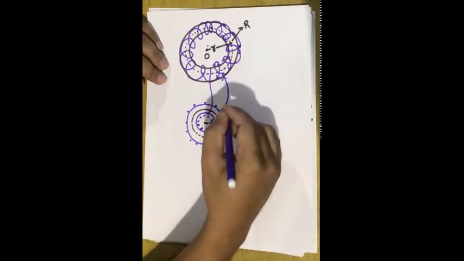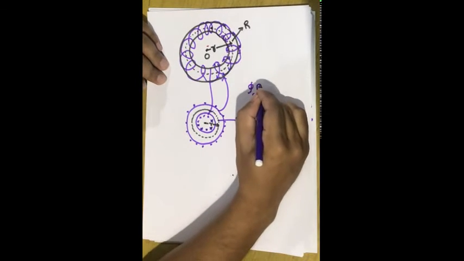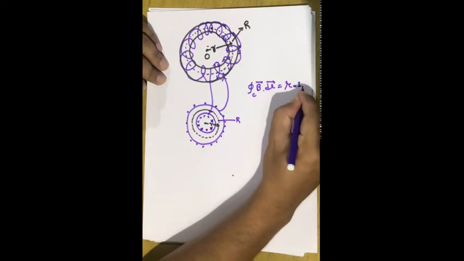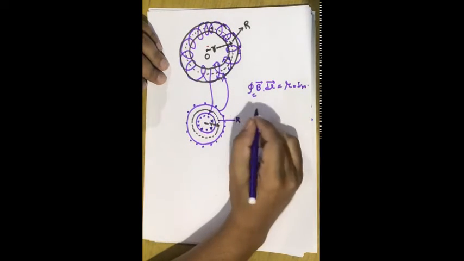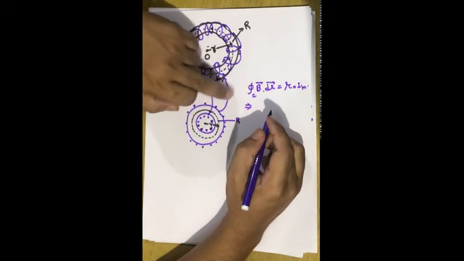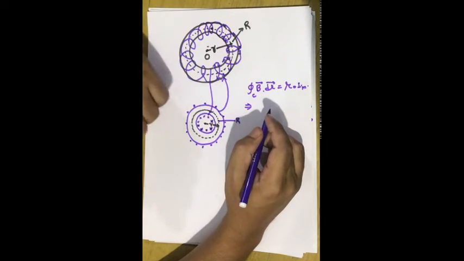Now we have to apply Ampere's circuital law: the closed integral of B dot dl is equal to mu naught into I into C. As I have already told you, the direction of B and dl will be in the same direction for solenoidal current.